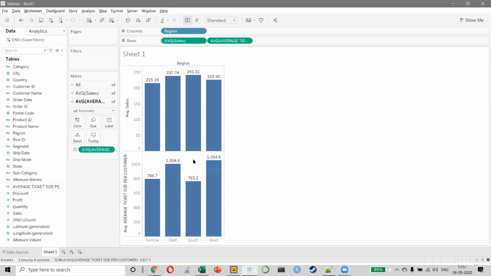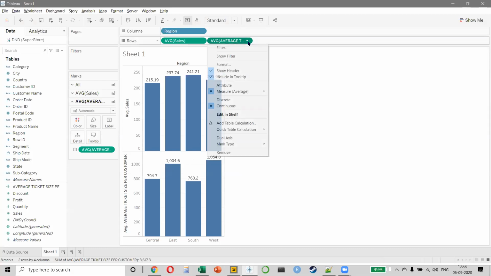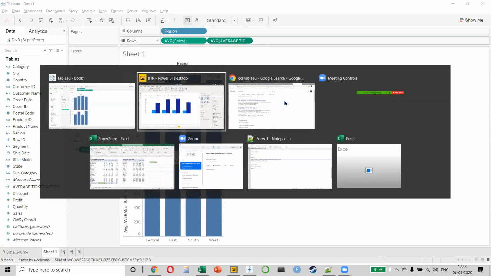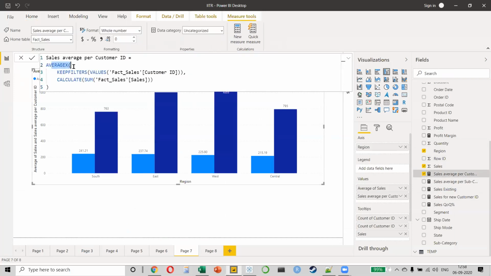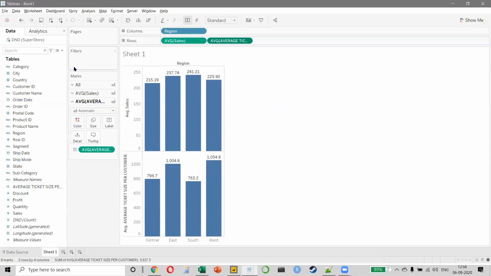Now here you must be wondering, but why did I have to go to this and change it to average? In Power BI, we did not change it to average, but you know why? The reason in Power BI, I did not have to change my sales average per customer. See, here there's no option to convert to average because if you look at the formula itself, it found out the average X, right? But in Tableau, what happens?